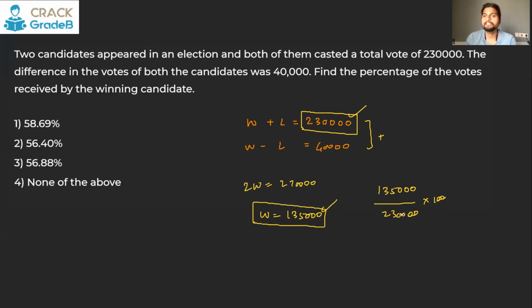Cancel out zeros like this, 2 zeros, 2 zeros. And then you can solve. You solve this, it is going to be 58.69%. Option number 1. Easy.